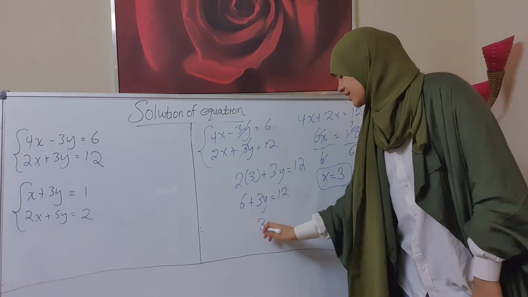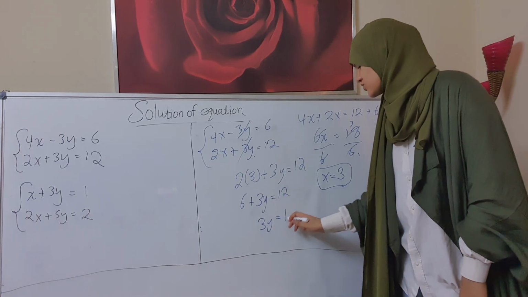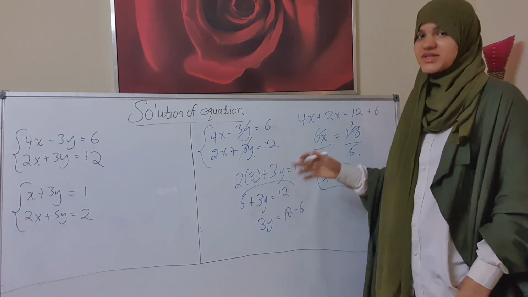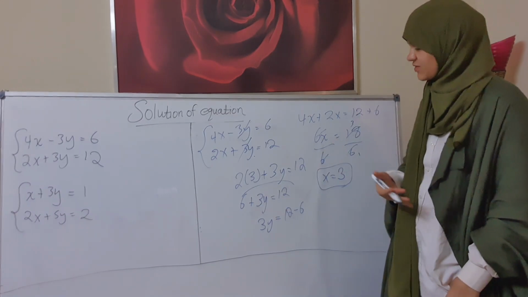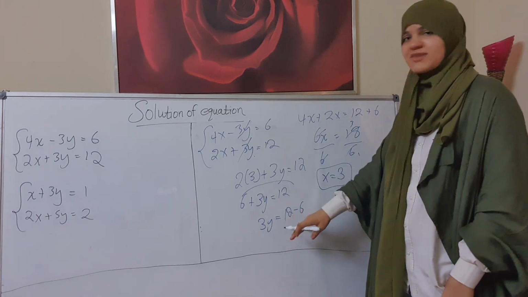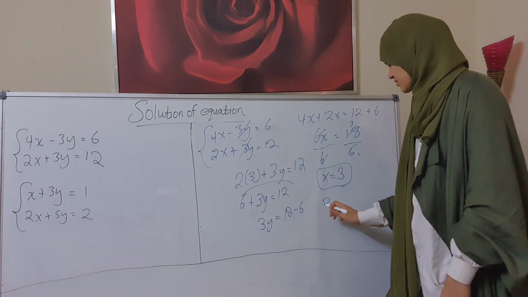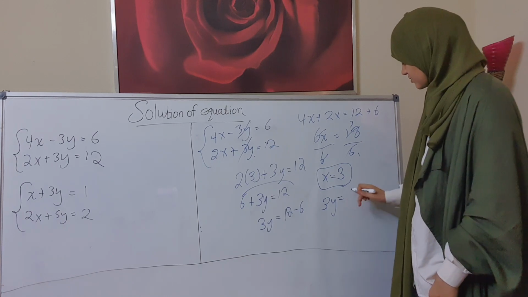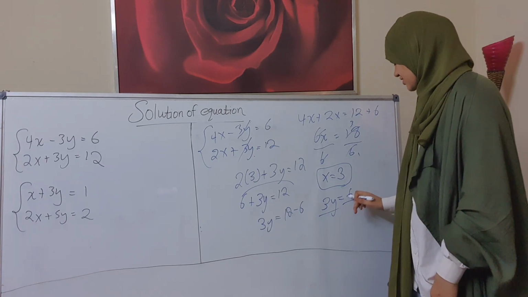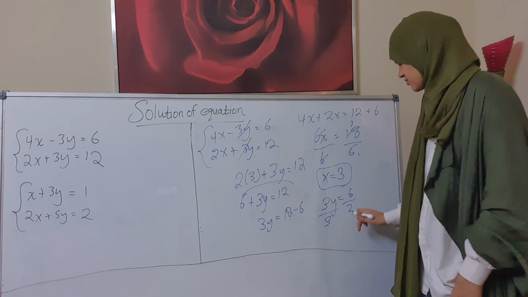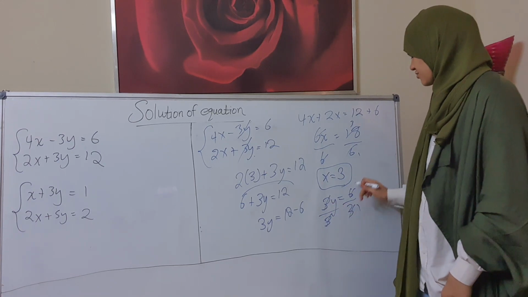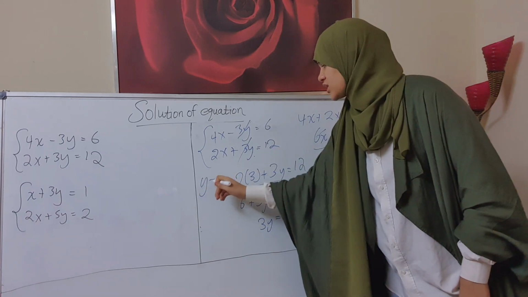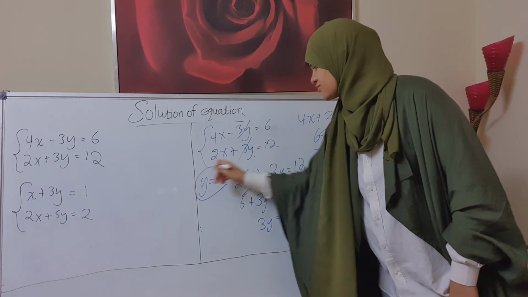Then 3y is equal to 12 minus 6, because when we shift 6 to 12 it will be negative. So 3y is equal to 6, then divide by 3 on both sides, here by 1, here by 2. So at the end we have y is equal to 2.